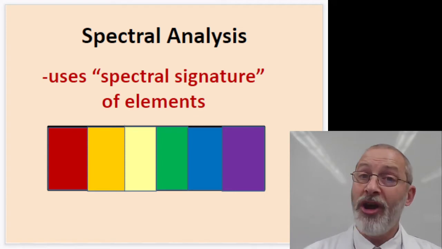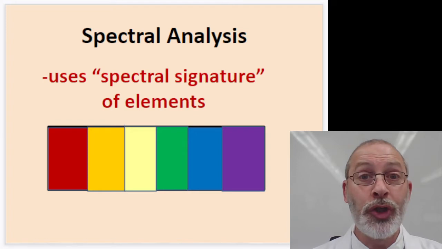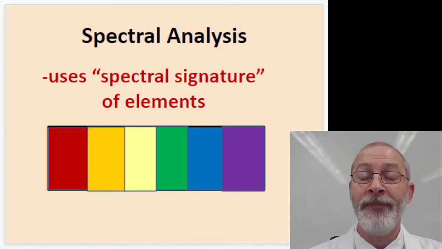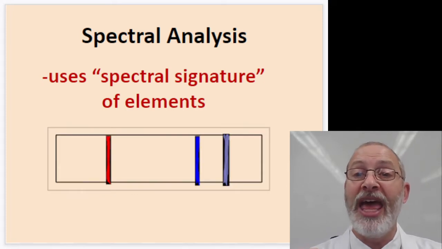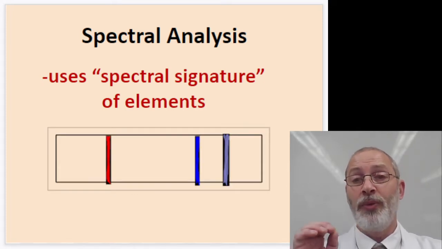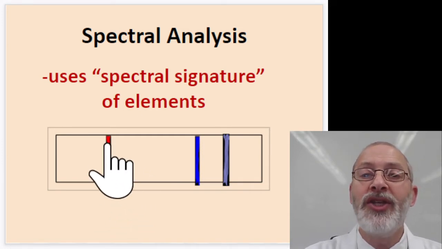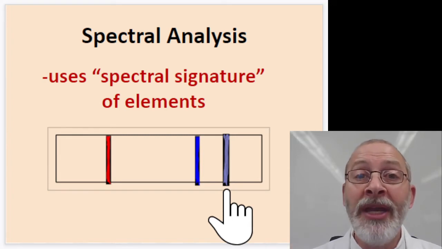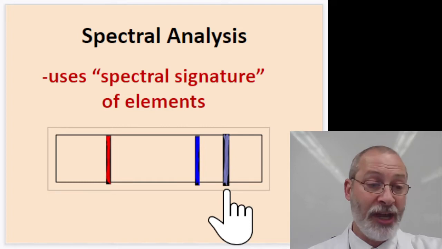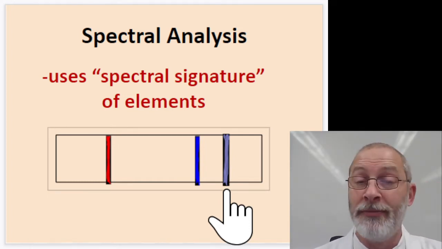Now, from our starting point, we're then going to examine the luminous tubes, which represent the spectral signatures of specific elements. And we're going to see something a little bit different. We're going to see only specific wavelengths of light illuminated instead of a full spectrum of colors. You'll get an opportunity to see that when we use our spectroscopes in just a moment.